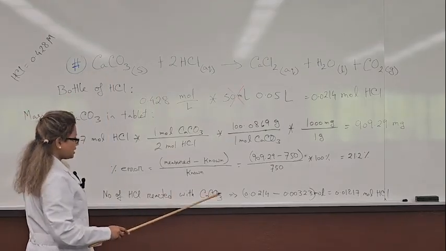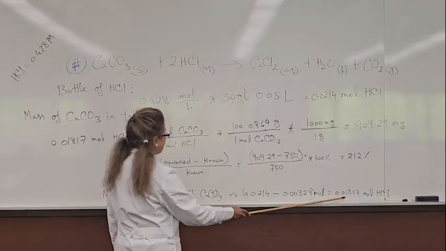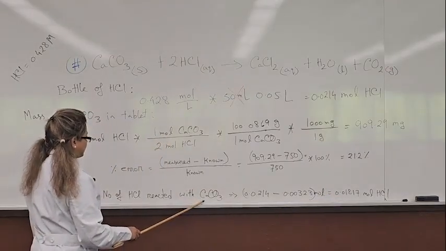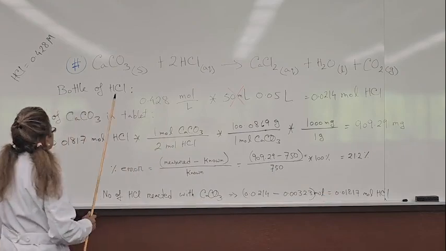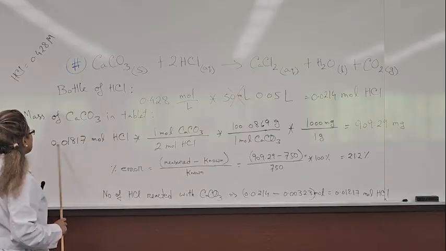So this was my mole of hydrochloric acid I have used when I did the reaction with the antacid tablet. Now I'm trying to get the mass of calcium carbonate I have used, okay?